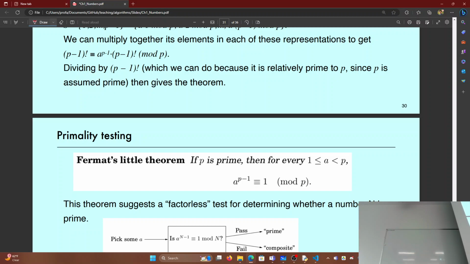So we know that 4 to the 12th is congruent to 1 mod 13. Does that make sense? And then I happened to choose 37, so you can probably figure it out from there.